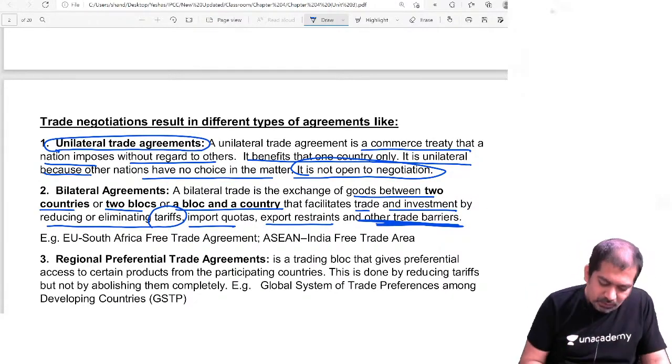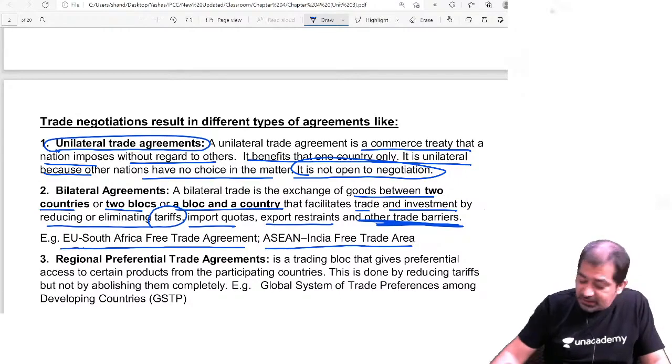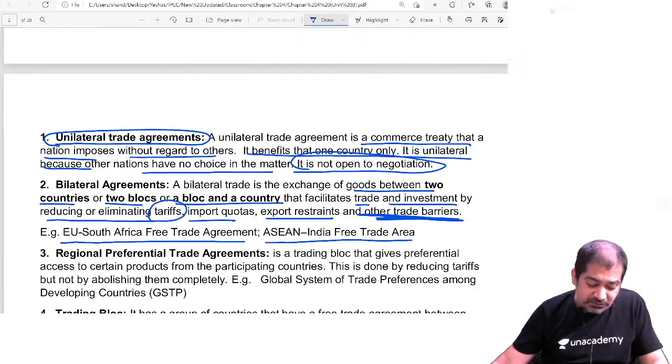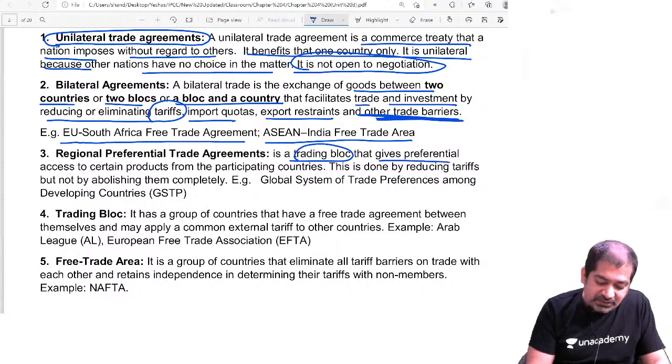Alright, so US, EU, South Africa Free Trade Agreement, Association of Southeast Asian Free Trade Area, and this and that. So first, the regional trade agreement we'll see. What is a regional trade agreement? It's a trading bloc first of all that gives preferential access to certain products from participating countries.